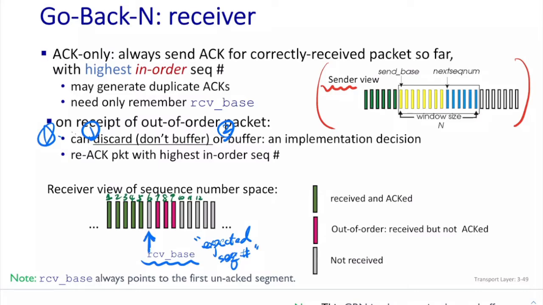It depends on the implementation, which is okay. Because no matter what, when the timer of D6 times out, all the packets in yellow, which are 6, 7, 8, 9, possibly 10, will be retransmitted again. So as a receiver, you will get 6, 7, 8, 9 again, no matter if you discarded the previous 7, 8, 9 or buffered them. It really doesn't matter.